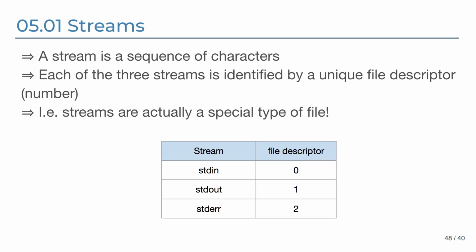Because they're so important, they also got some numbers which uniquely identify them: on Unix, standard input is 0, standard out is 1, and standard error is 2. The way this works is, if we want to locate a file somewhere in the system, we have to give it a number, in terms of this being a file that's right now open, that we want to read from or write to.